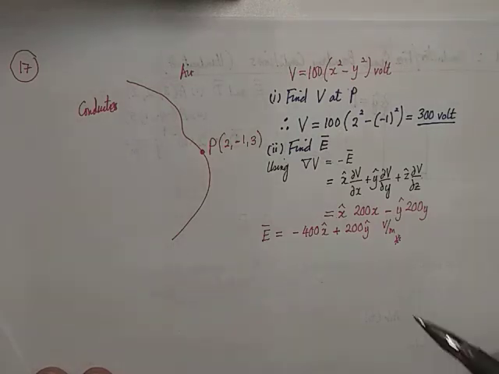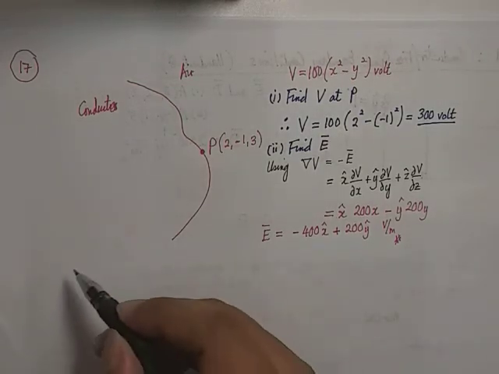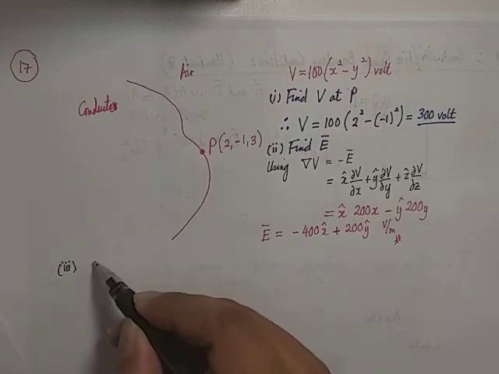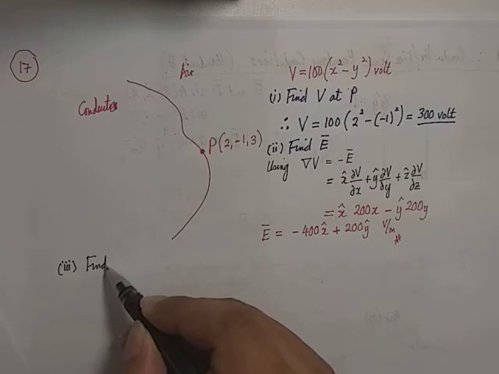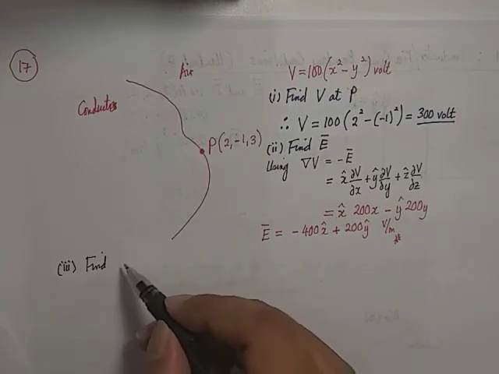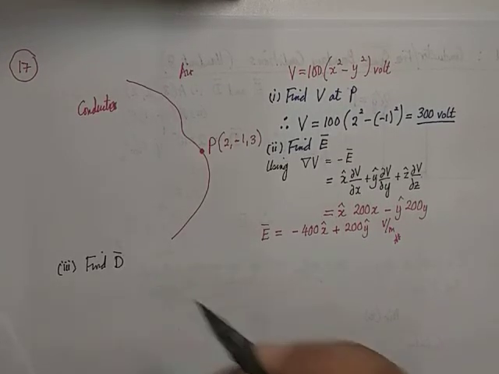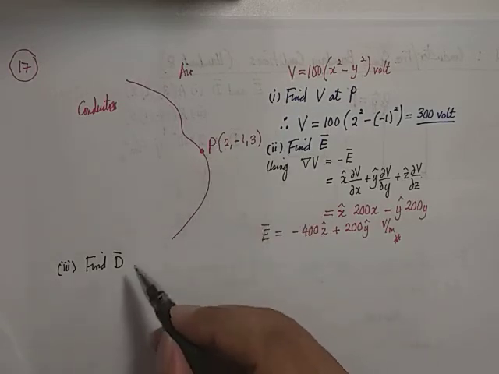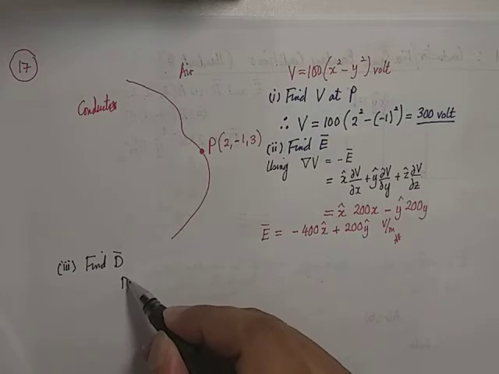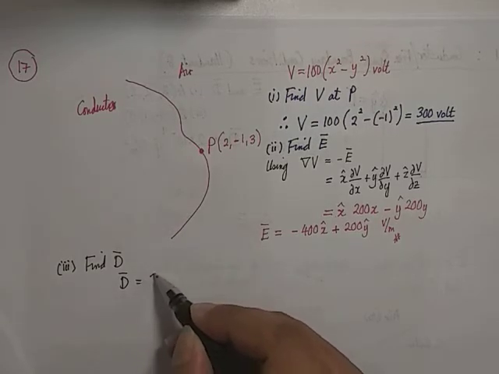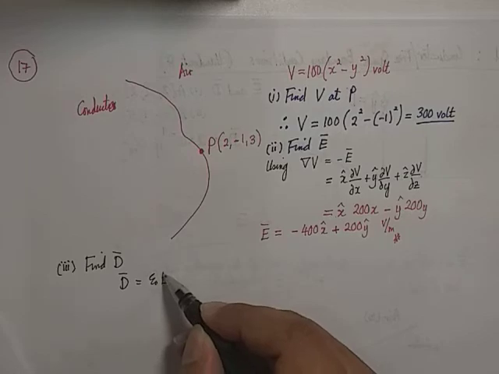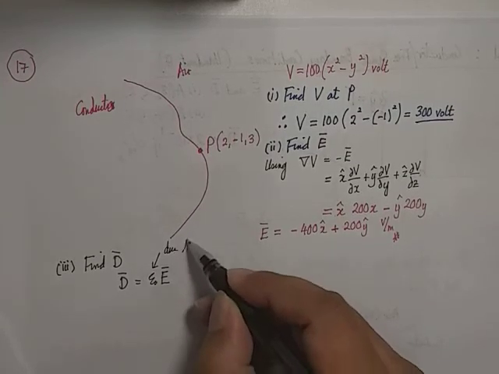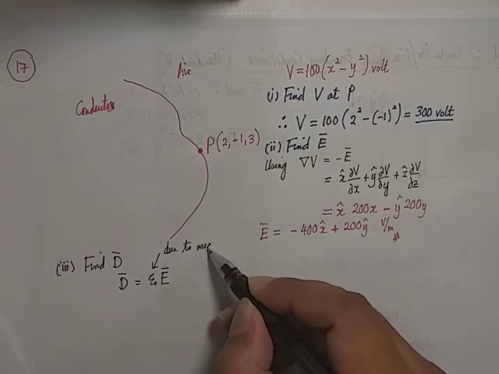Now I'm going to continue with the third part of the question. So number 3 here: find D. And we know the D only appears in the region of the air, and then the D will be just equal to epsilon naught multiplied with the E, because the medium is air.